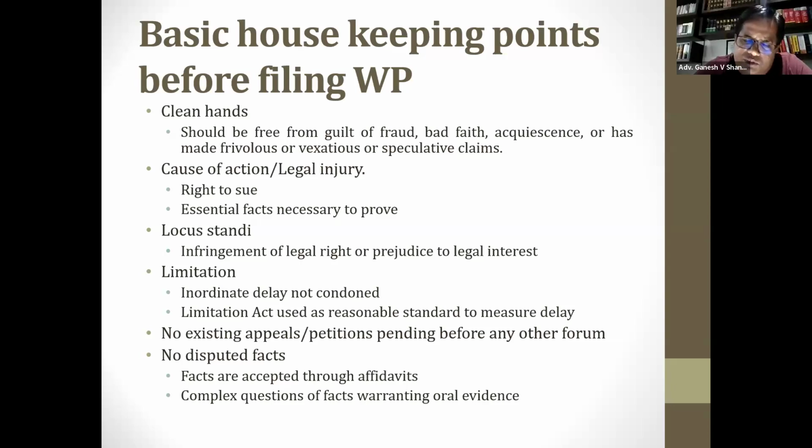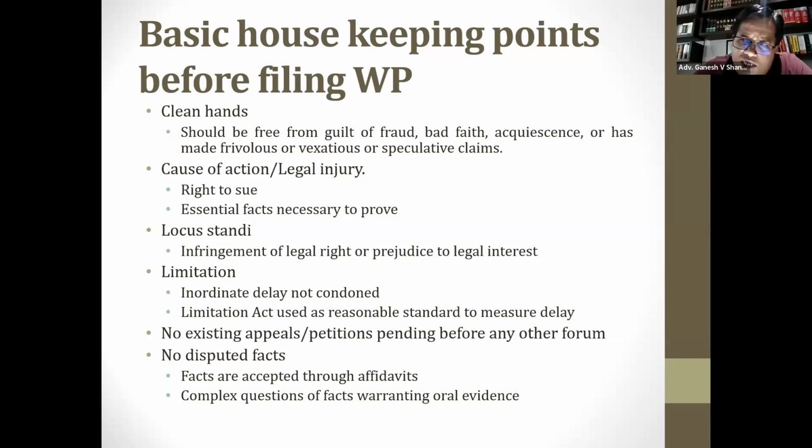They should be convinced that you are a vigilant person who is really injured and is approaching the High Court. There should be no existing appeals or petitions pending before any other forum. This is called forum shopping.